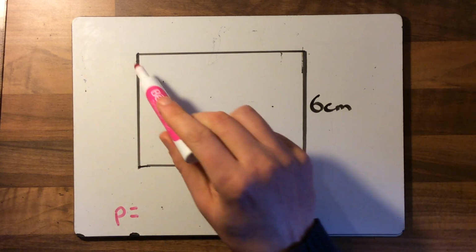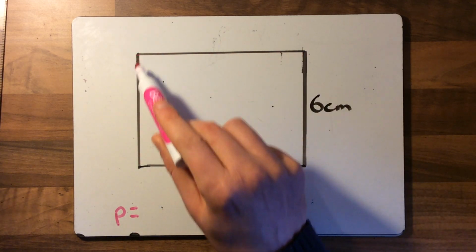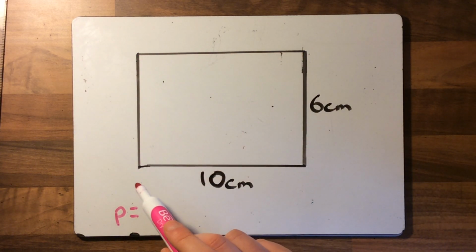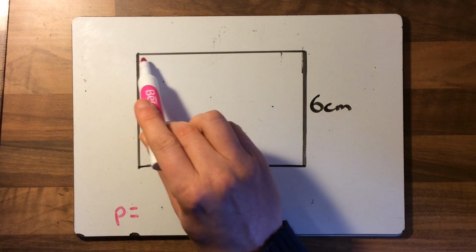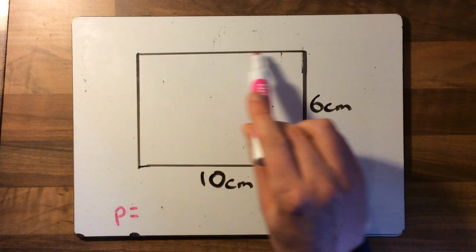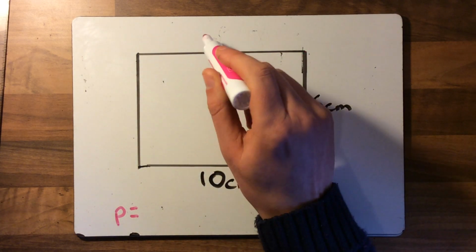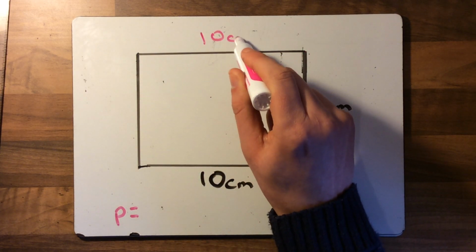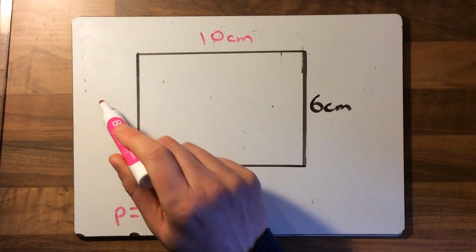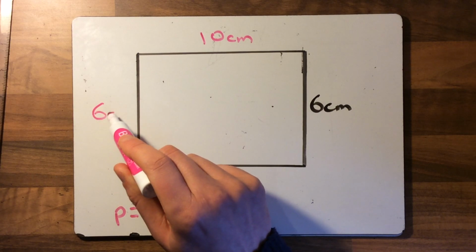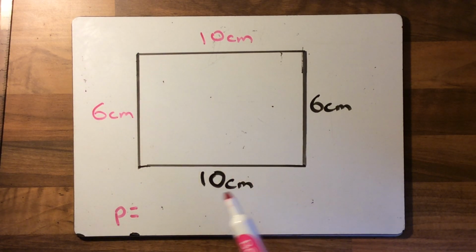So to do that, if you have any missing sides, we need to calculate what those lengths are first of all. Now this bottom one is 10 centimetres, which means the one that is opposite it over here, because these are parallel, will also be 10 centimetres. This one down here is 6 centimetres, so the one that is opposite it, that is parallel to it, will also be 6 centimetres.